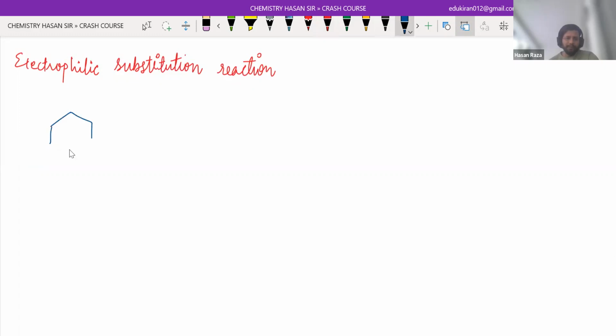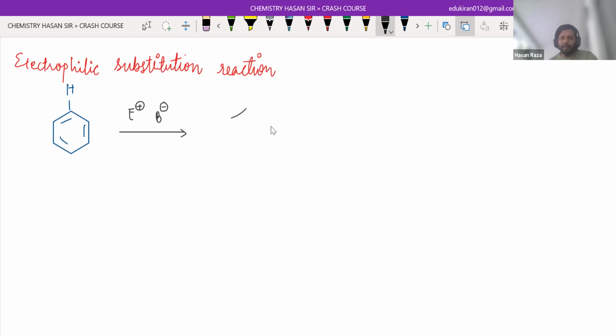It is benzene like this, and in benzene each carbon possesses hydrogen. So what will happen here? I am going to write the reaction directly, and then you will easily understand. This is your electrophile. Since it is an electrophilic substitution reaction, the reagent will have an electrophile, and then there is a base, B negative.